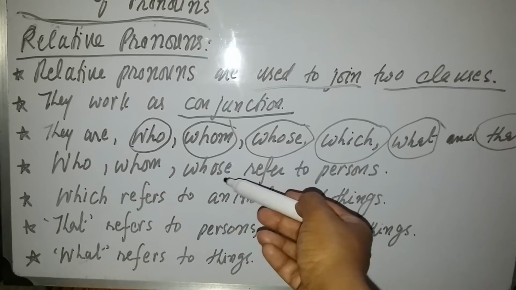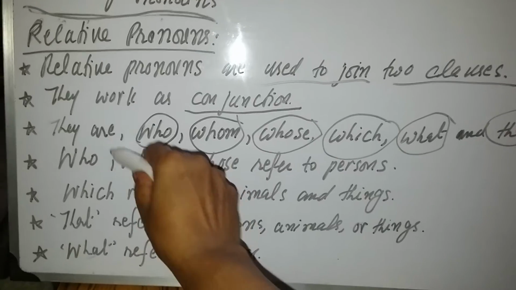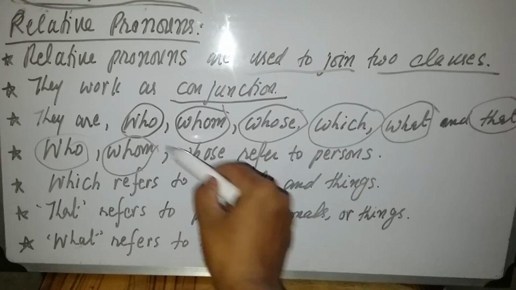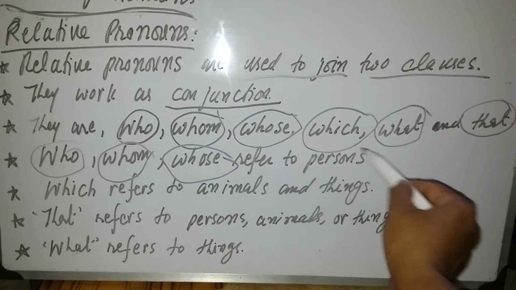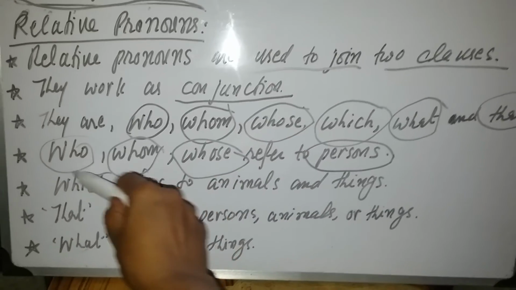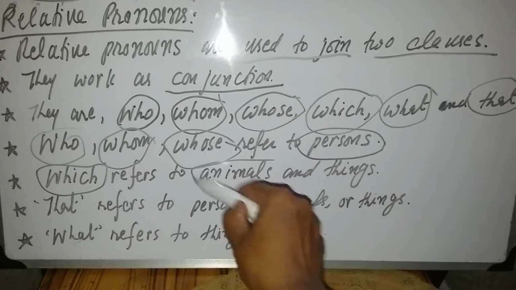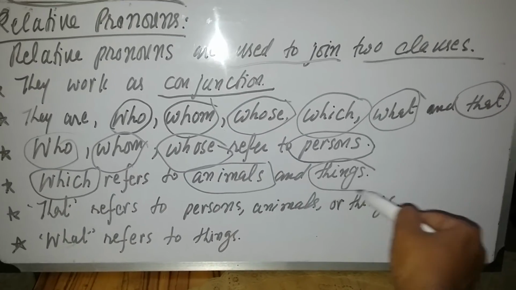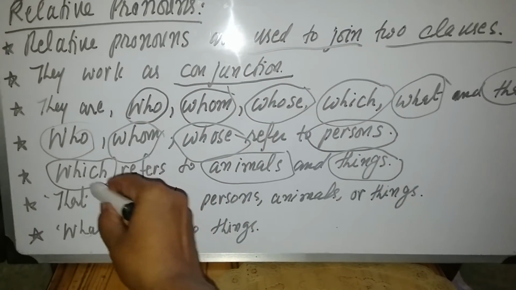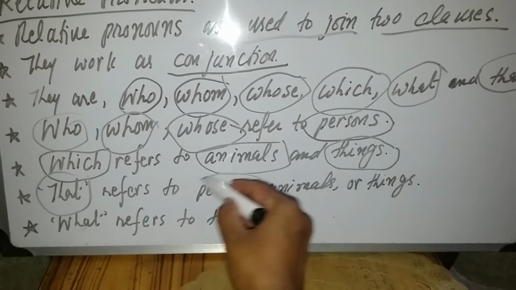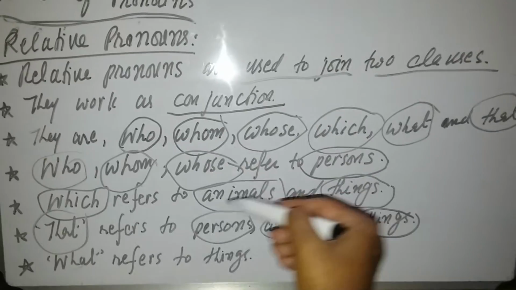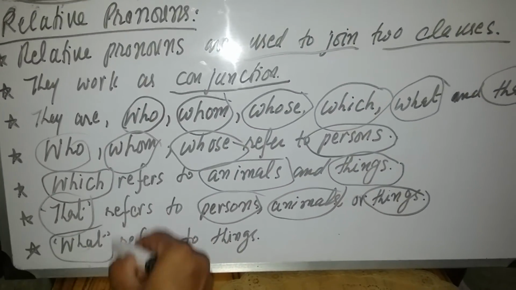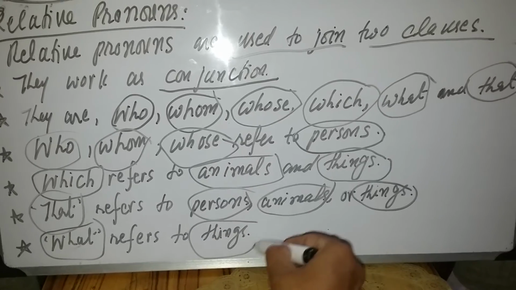Who, whom, whose refer to persons. These three pronouns refer to persons, and which refers to animals and things. That refers to persons, animals and things as well, whereas what refers to things only.